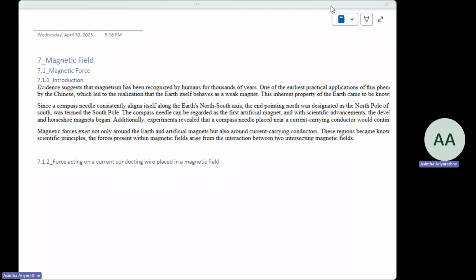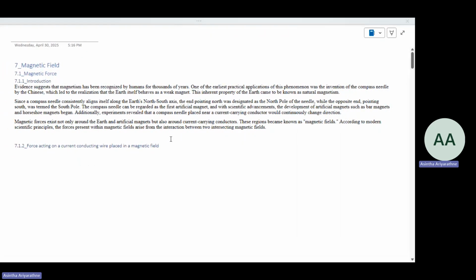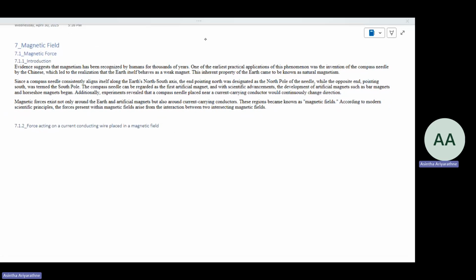Many years ago, a typical example of the utilization of the magnetic field is the compass needle. We know what a compass is, right? Typically, it is a circular shaped one, and there is a needle here.